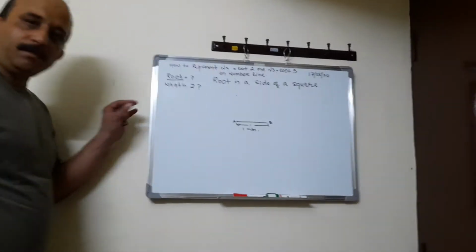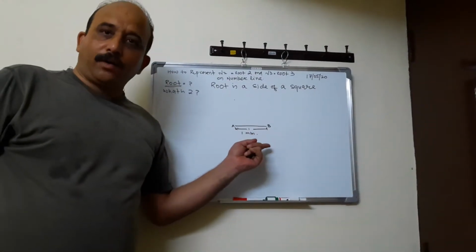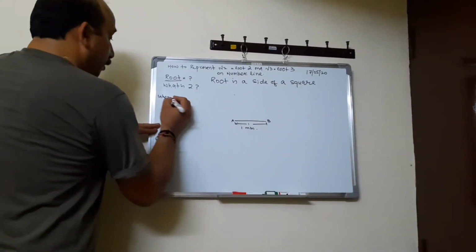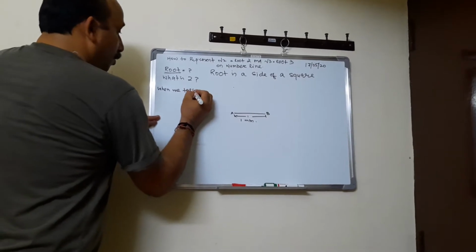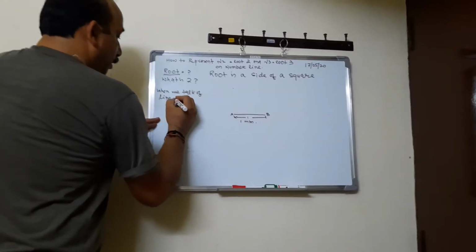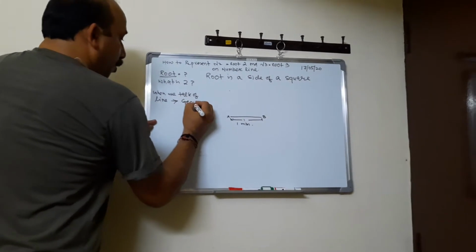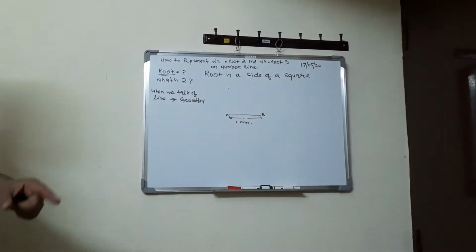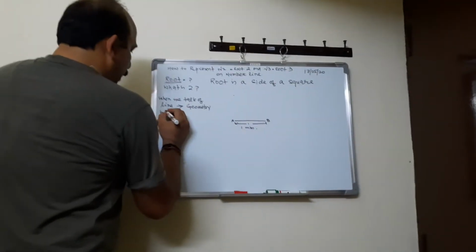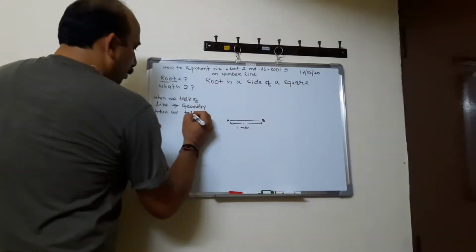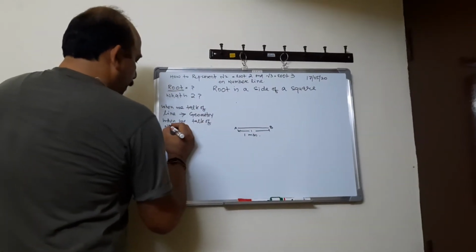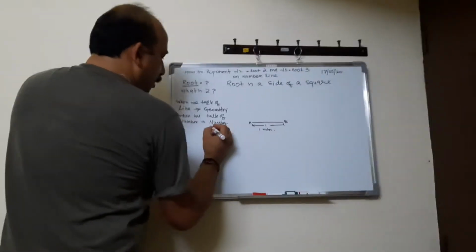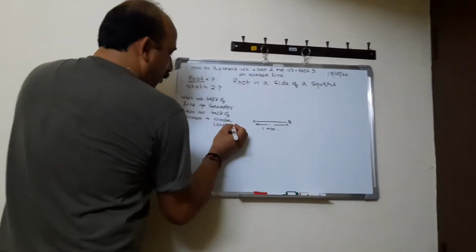meter. When we talk of line, we are talking of geometry. When we talk of number, we are talking of counting.